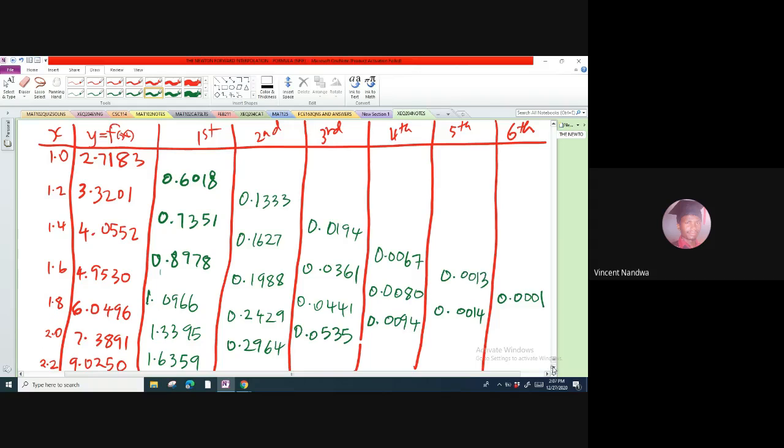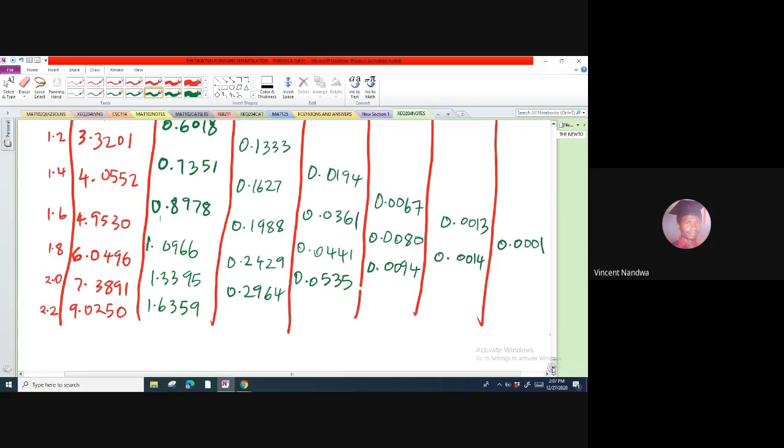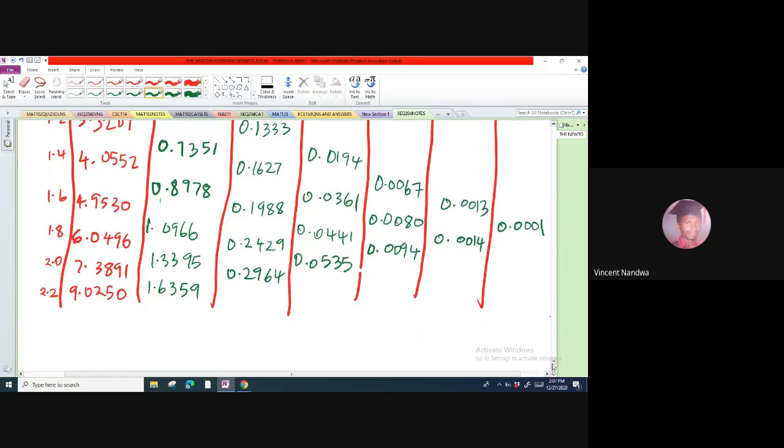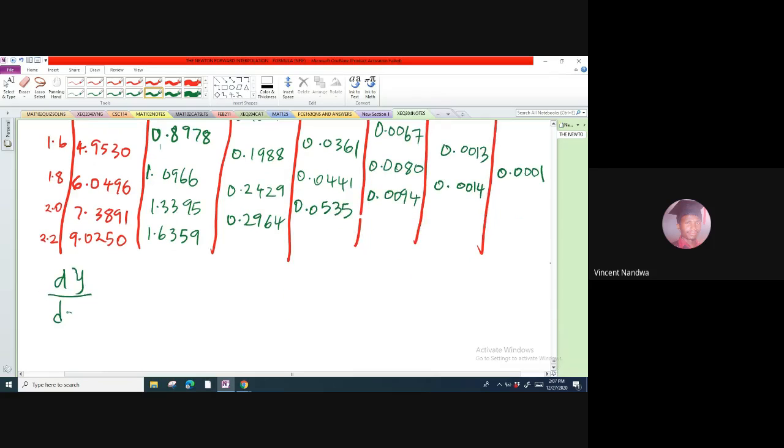So try to confirm these values. And then the next thing, now we want to find the value of dy dx. So remember when they say dy dx, it is the same thing as saying df dx. So dy dx at x equals 1.2.